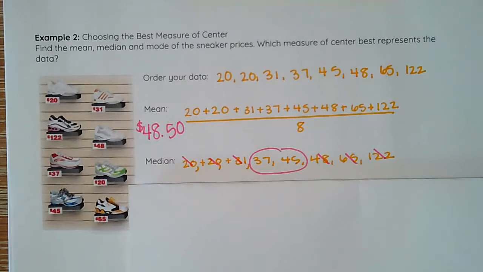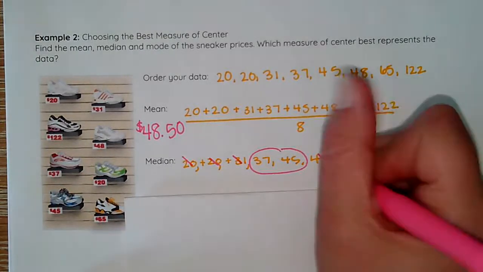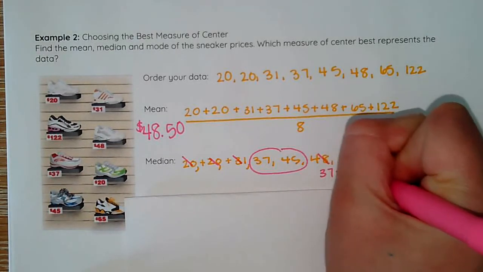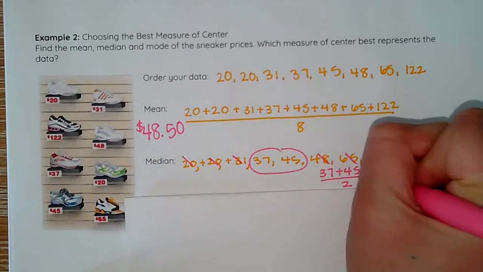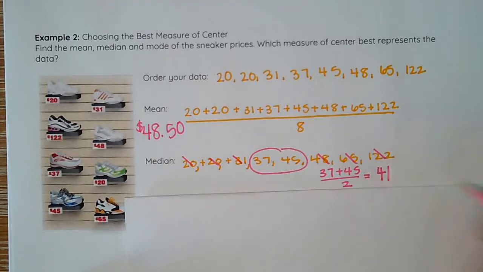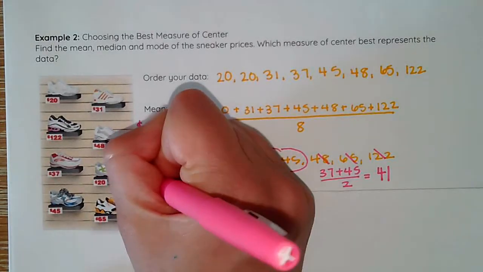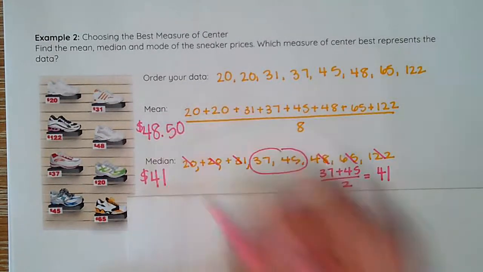Now recall that we cannot have 2 middle numbers. So instead, I need to find the mean of those. So if I go ahead and add up 37 plus 45 and divide that by 2, I will have 41. So this is telling me that the median, the very middle number, is $41.